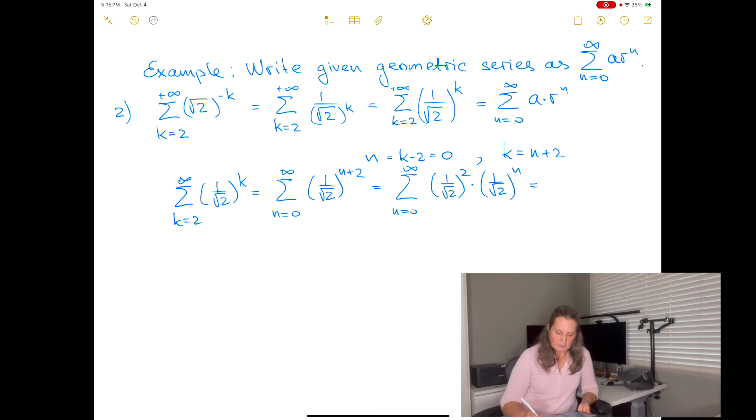Let's simplify things a little bit, because 1 divided by square root of 2 squared is nothing else but 1/2. We achieved our goal. Our expression is written as a sum that starts from 0 to infinity of a constant a multiplied by r raised to the power of n. Our a is equal to 1/2, and our r is equal to 1 divided by square root of 2.